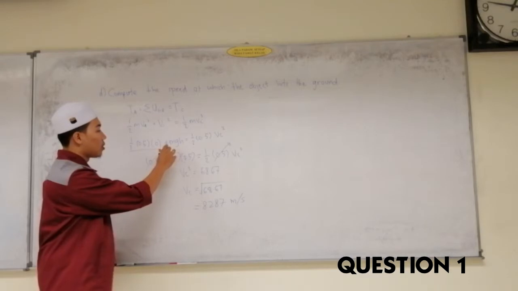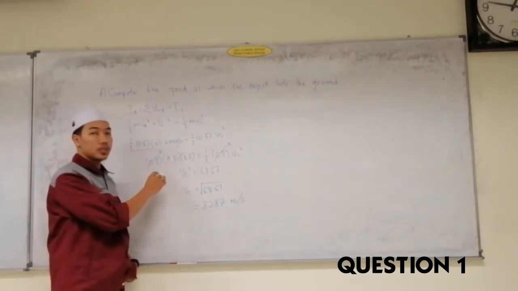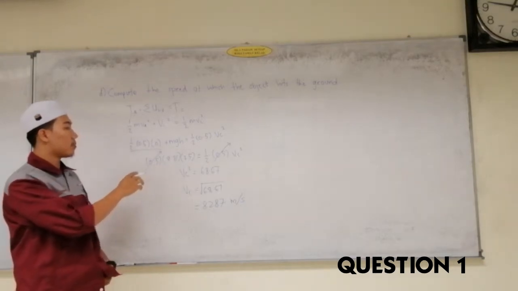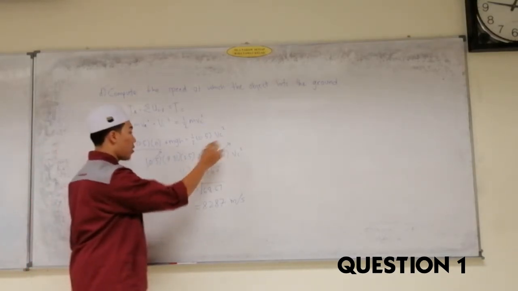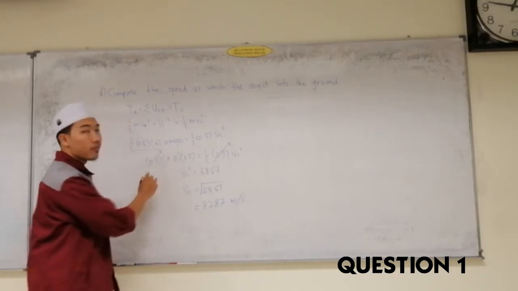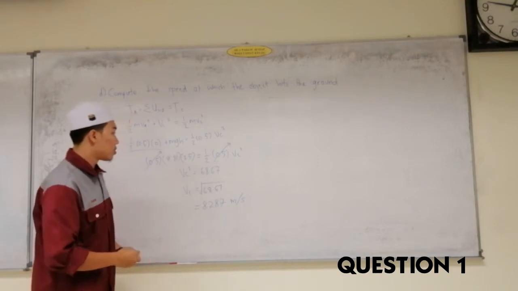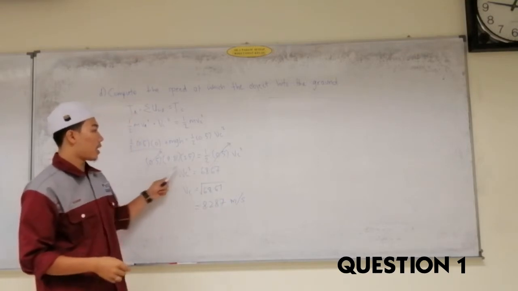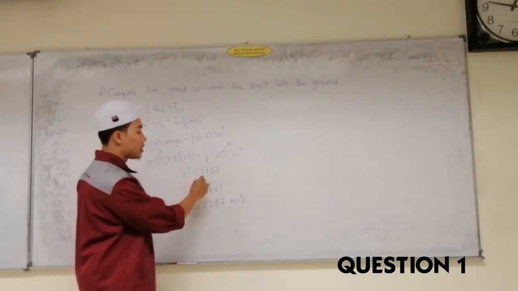We continue with m 0.5 multiplied with 9.81 multiplied with 3.5. We can cut off the 0.5 because it has the same value.